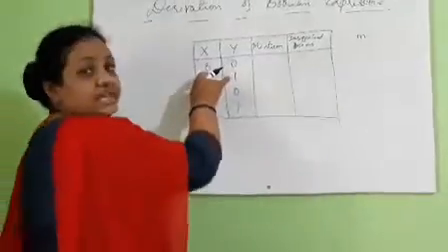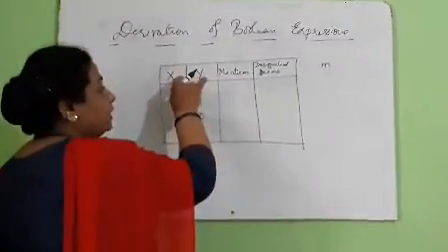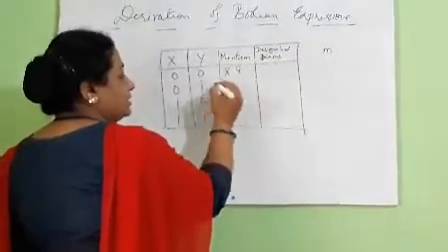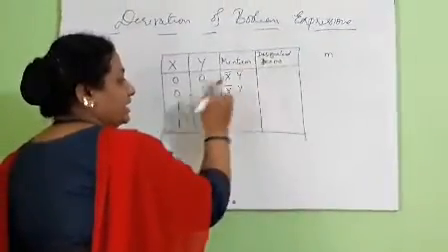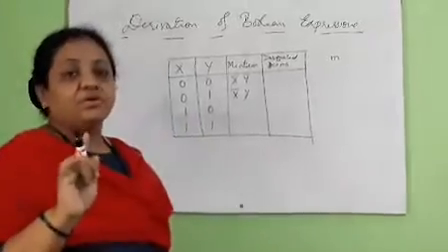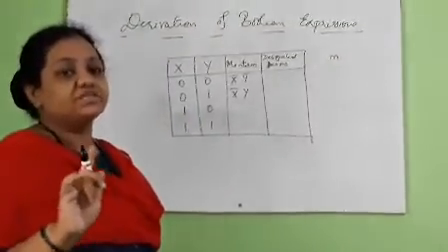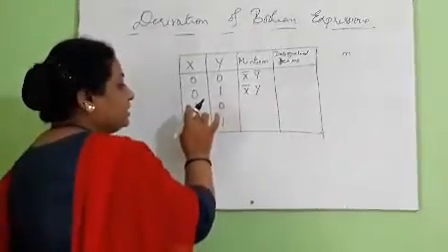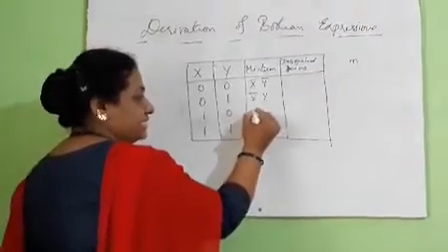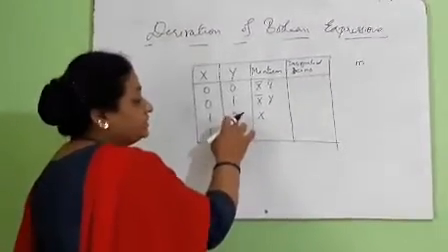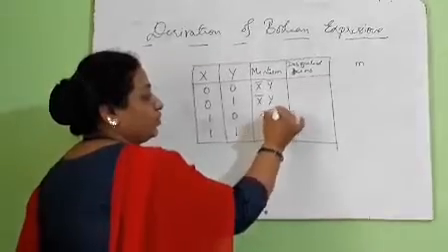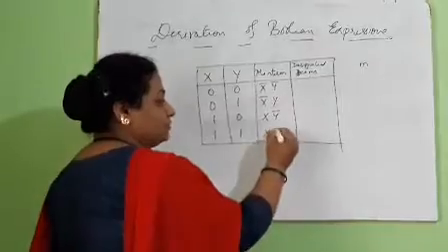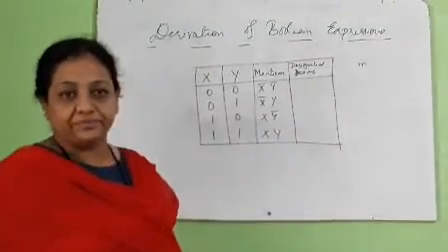If there is a 0, it is represented as the complement, so x bar, y bar, then x bar, y. Why? Because if a variable is 1, we represent it with the same variable itself. So here x is 1, so we write x, and y is 0, so we write y bar. Here x is 1 and y is 1, so we write x, y.